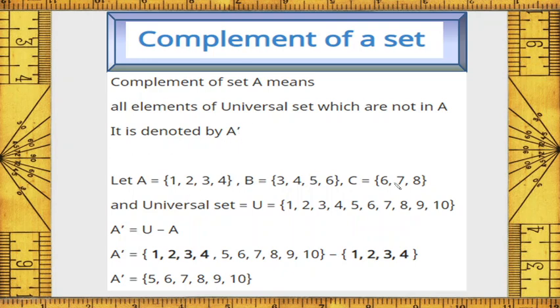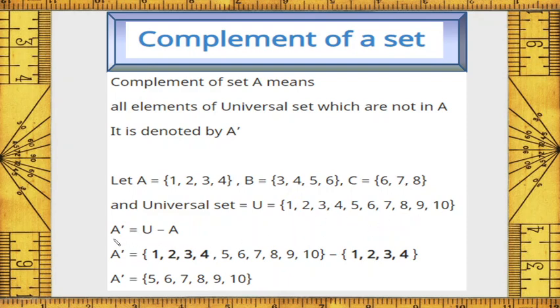We have taken three sets for an example, and then we have taken a universal set. If you remember, universal set is the source set of all the sets. So you can see that all the elements of A, B, C are present in universal set.